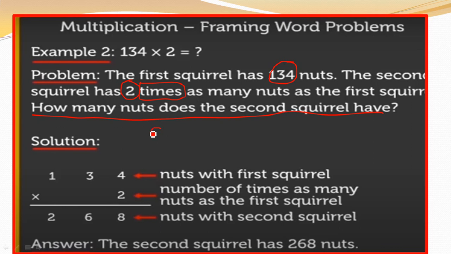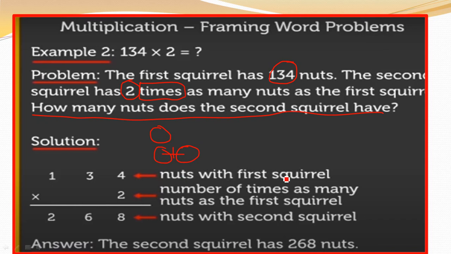So there are 2 squirrels. One has 134 and the second has twice. So this is 134 plus 134 or 134 multiplied by 2. That is double of 134. Whenever we are multiplying any number by 2, it means we are doubling that number.